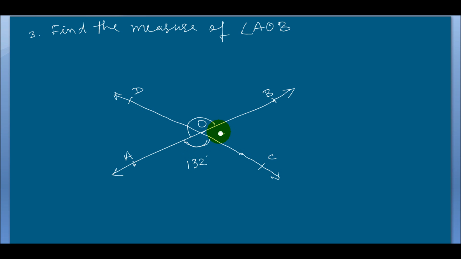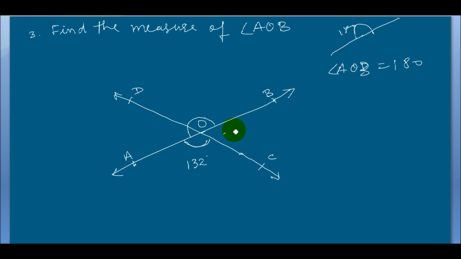If you find this angle, you can also find this angle. If this is a linear angle, you have to know all linear angles are equal to 180 degrees. So I can straight away write that angle AOB is equal to 180 degrees, from the theorem. A linear angle is always equal to 180 degrees.